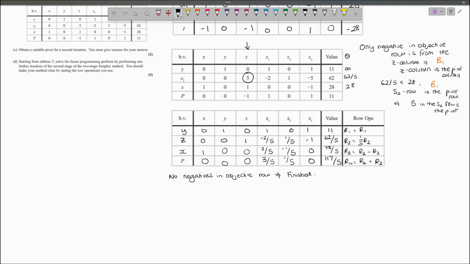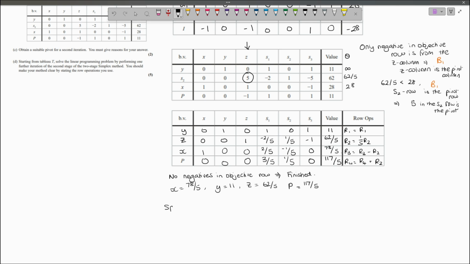So we need to state our values. We've got x as a basic variable equal to 78/5. We've got y is equal to 11. Z is equal to 62/5. And p is equal to 117/5. But we need to put this into context.